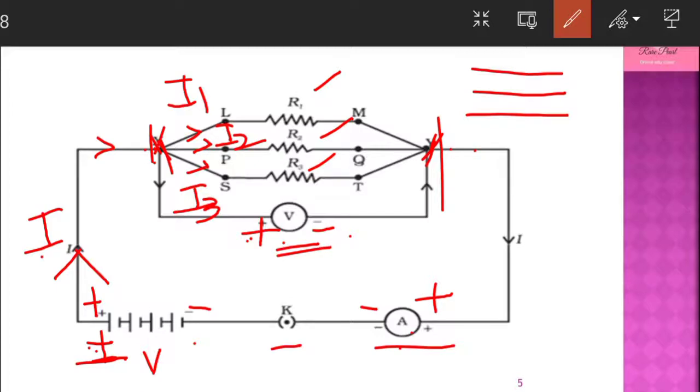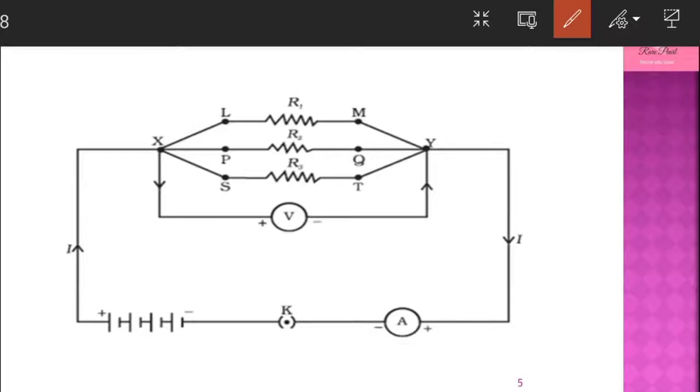Across these 2 ends, the voltmeter is connected. The voltage across resistor R1 is the same across R2 and the same across R3. So what did we observe? We observed that voltage is the same in a parallel circuit, whereas the current divides.